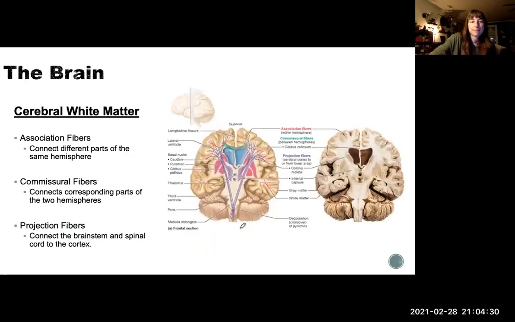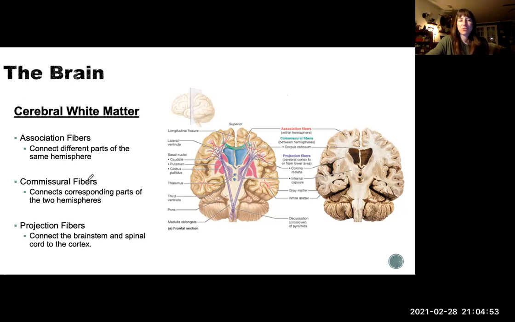Amazing. All right. So we talked about the gray matter of the cerebrum, aka the cerebral cortex. Let's talk about the white matter of the cerebrum. This white matter underlies all of the gray matter, which is the cerebral cortex. So this white matter is, again, myelinated axons, right?